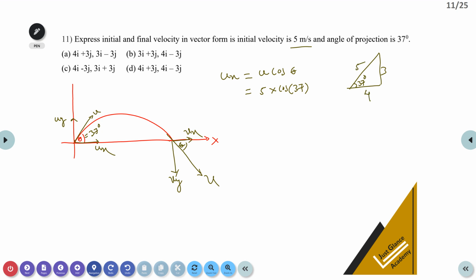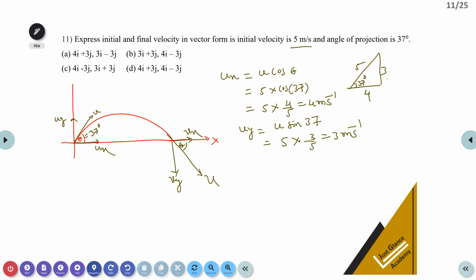So ux equal to 5 into cos, adjacent side divided by hypotenuse, equal to 4 meter per second. Similarly, uy equal to u into sine of 37 equal to 5 into 3 by 5 equal to 3 meter per second.